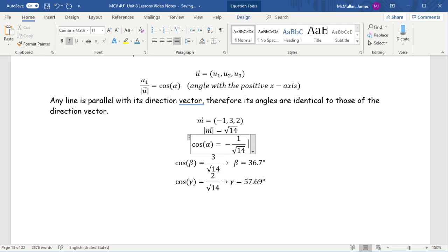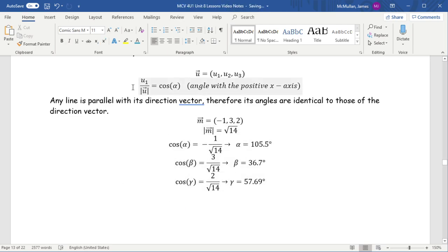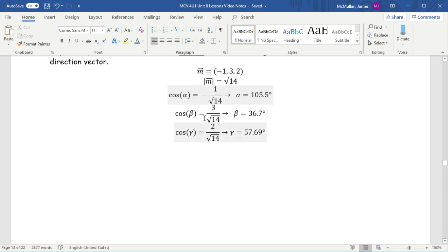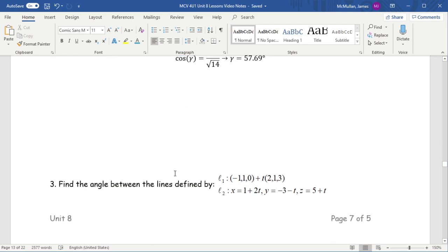And for the first one, we noticed it was negative, so that makes it obtuse, and it was 105.5. Okay, so that's that. Nothing else to do. So direction cosines are these 3 numbers, direction angles are those 3 numbers.